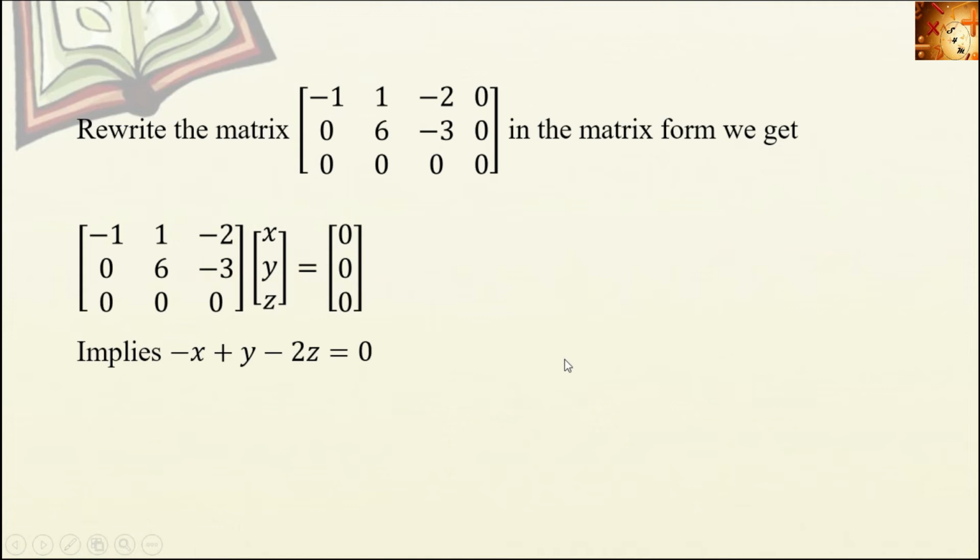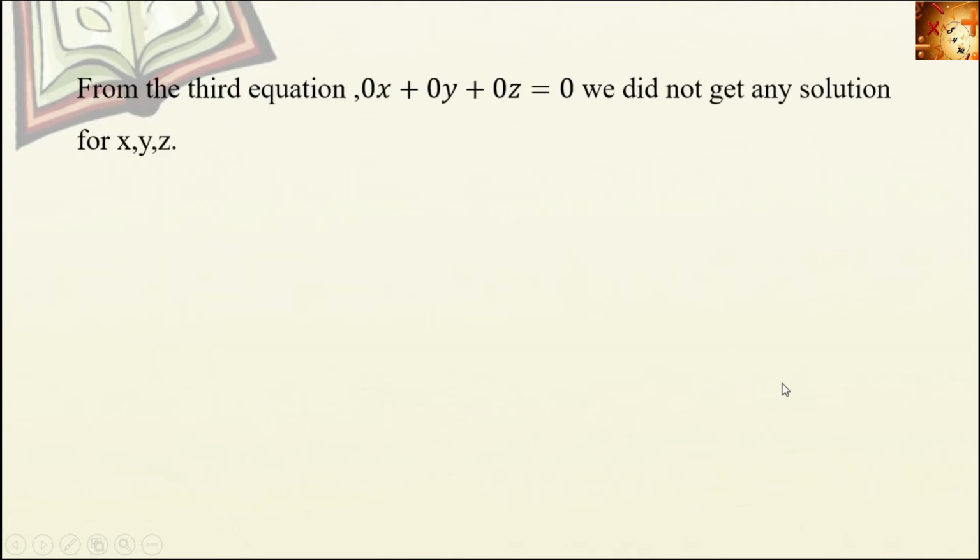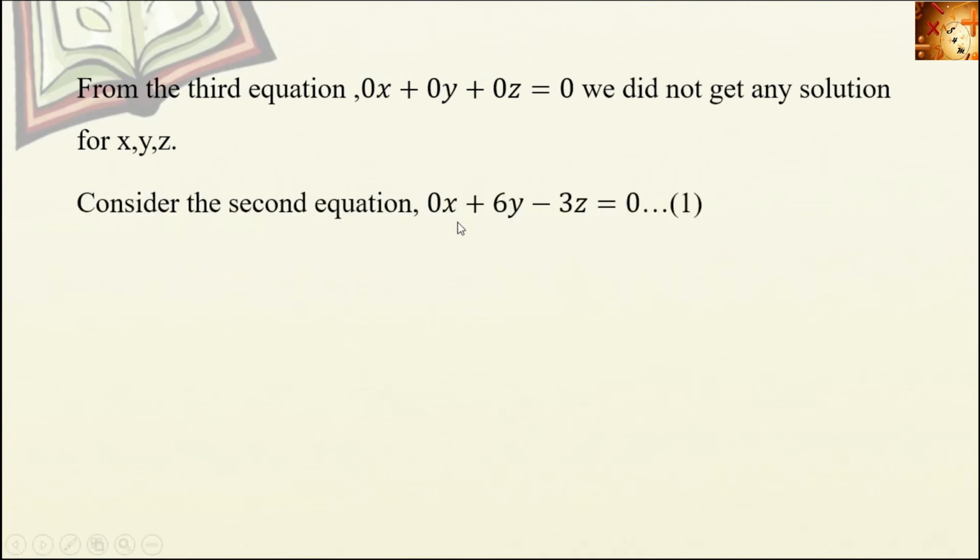Second equation: 0x plus 6y minus 3z equal to 0, and from the last row 0x plus 0y plus 0z is equal to 0. From this last equation we didn't get any solutions for x, y and z. So consider the second equation, 0x plus 6y minus 3z equal to 0.